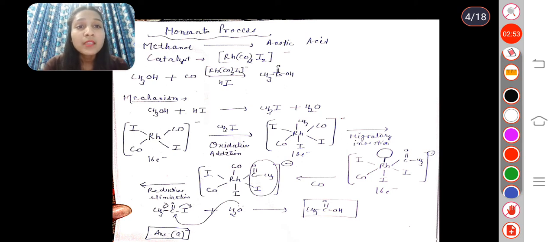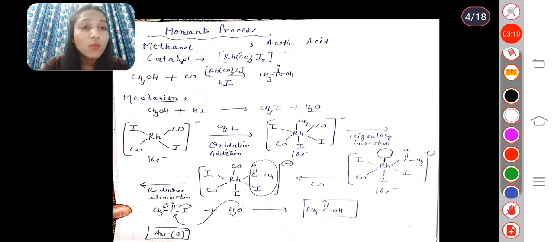If we go with the mechanism, then CH3OH plus HI gives us CH3I plus H2O, and when this CH3I is added to the catalyst, it undergoes oxidative addition. So they come in the trans position.